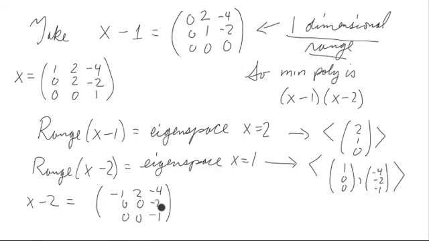And anything in the range of x minus 2, multiply by x minus 1, and it'll be 0. That's like the matrix is acting like the identity on it. It returns itself.